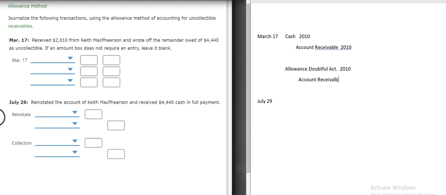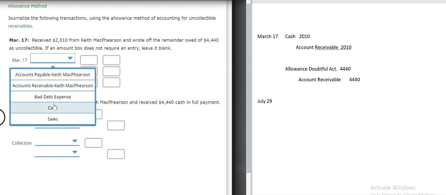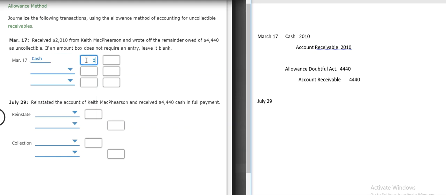So this is how I would do it. And again, the amount is not 2010, I'm sorry, the amount is 4,440, and account receivable 4,440. So if we want to do it using one entry, I'm going to debit cash for 2010.